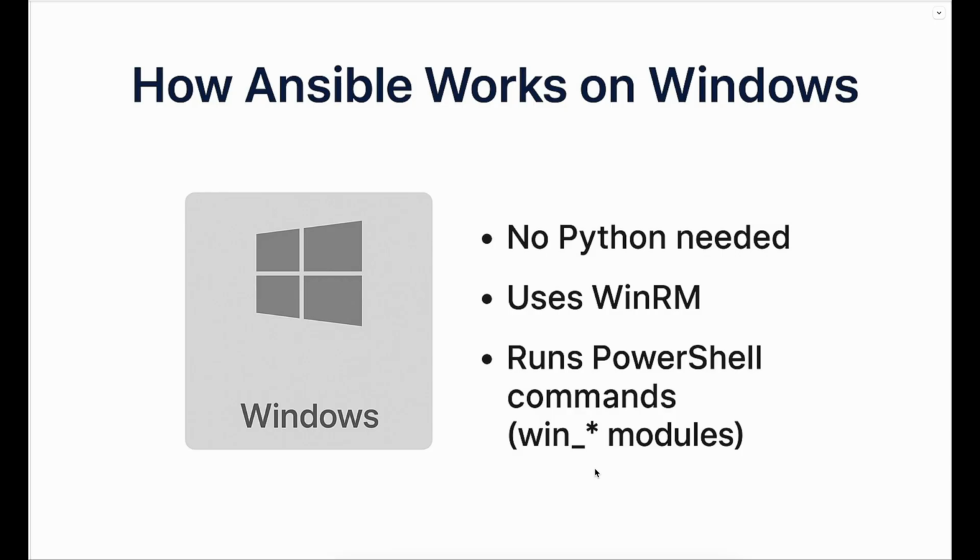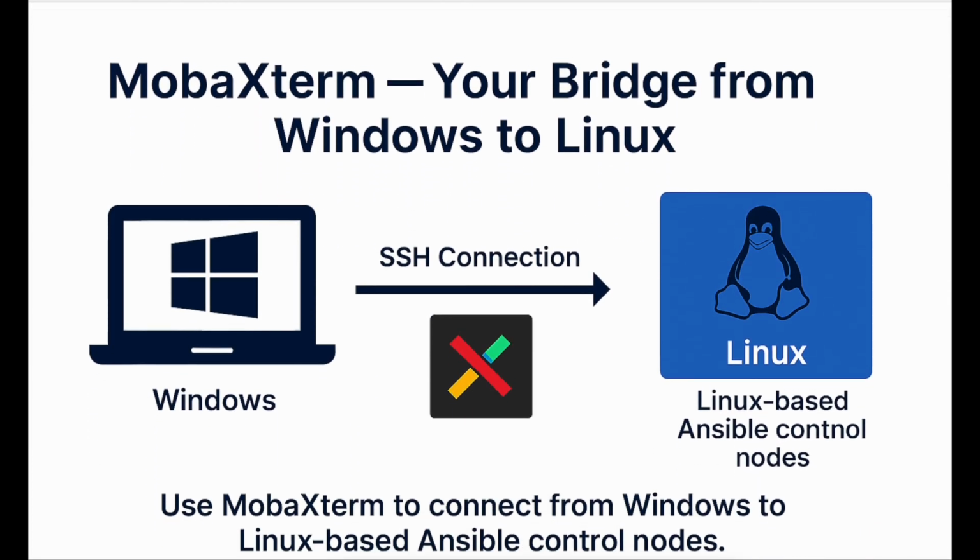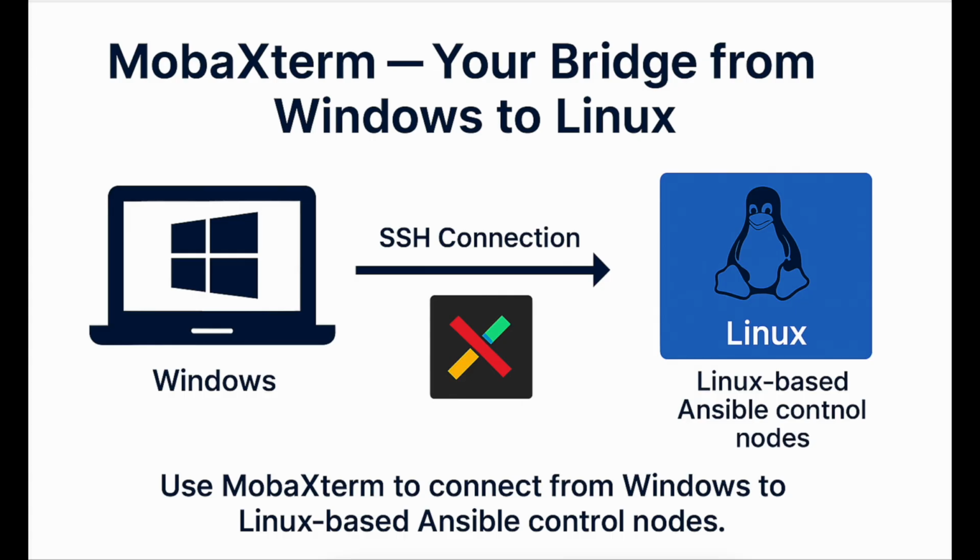And if you are using a Windows laptop, there is a handy tool to connect to Linux servers. MobaXterm. If you are on Windows, you might have heard of MobaXterm. It's a popular SSH client that lets you connect to Linux servers or cloud instances easily.